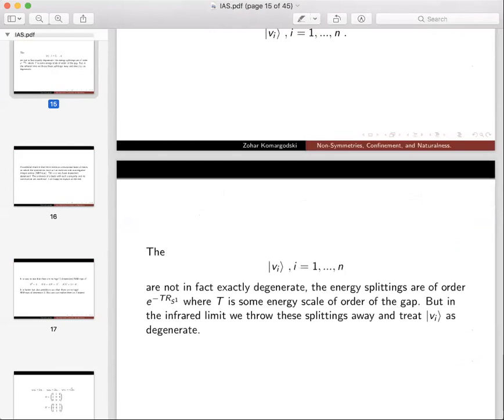Okay. So when you have n states on the circle, all the usual rules of quantum mechanics apply, and you can perform arbitrary basis changes of these n states. You can perform arbitrary complex valued linear transformations. So once you have n degenerate states on the circle, you can do whatever you want. It's just the ground state space of the theory.